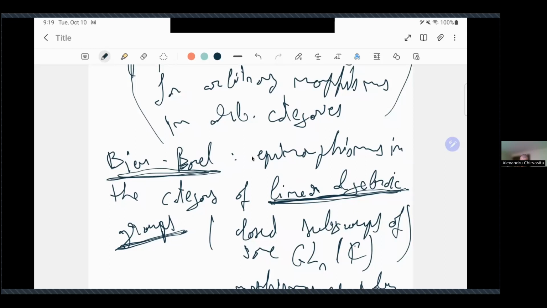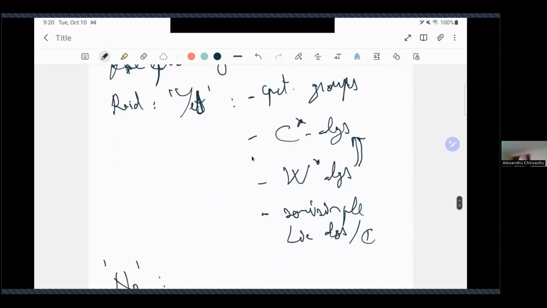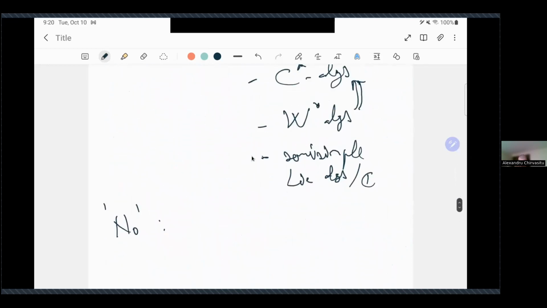You just see directly from the characterization that the answer is no in that category. There are very natural, very interesting, very commonly occurring morphisms of linear algebraic groups, I'll give you very concrete examples in just a second, that are epimorphic, but absolutely not surjective.